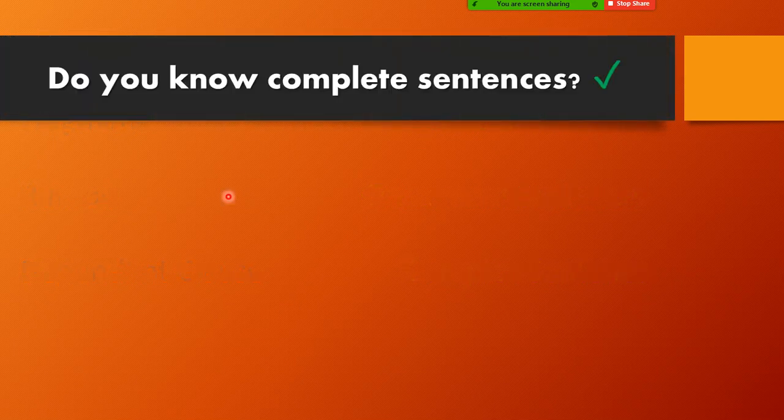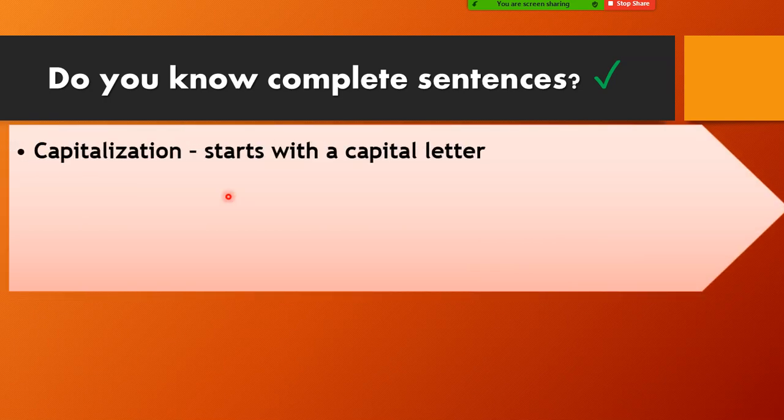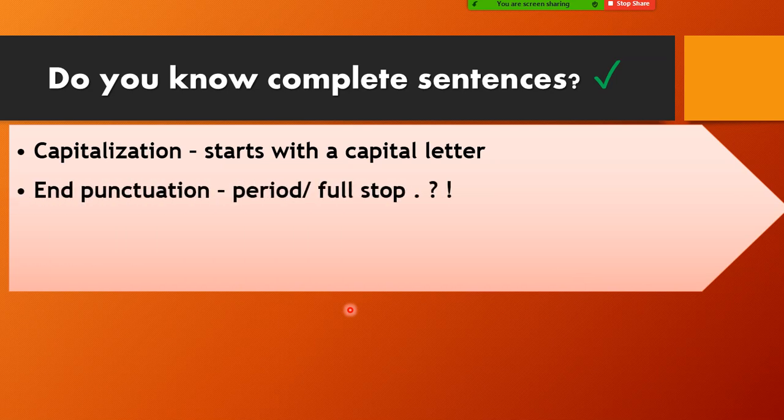Okay. First, the complete sentence. If we want to say this is a complete sentence and it makes sense, first, it has to start with a capital letter, and end with a period, a question mark, or an exclamation mark.